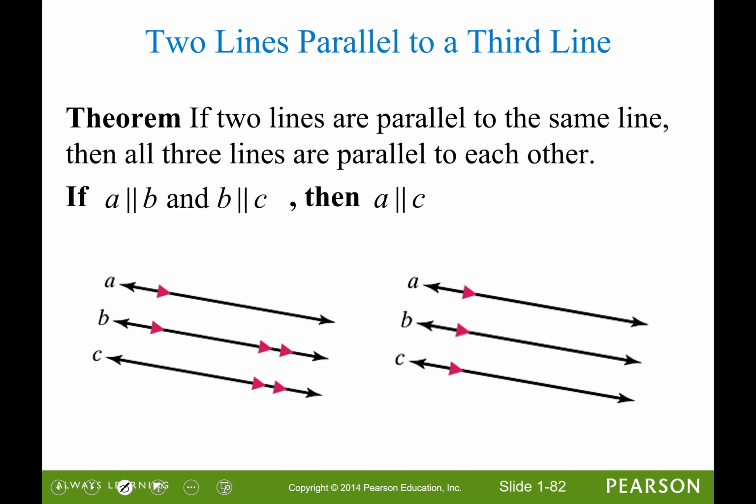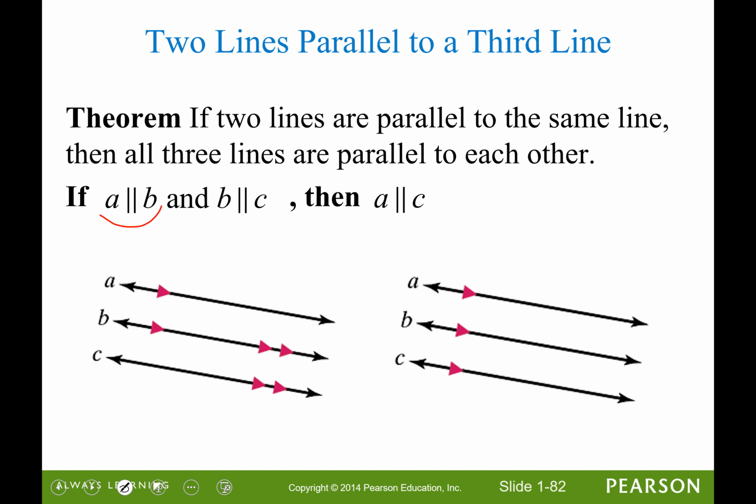Next theorem, two lines parallel to a third line. The theorem says that if two lines are parallel to the same line, then all three lines are parallel to each other. This one makes sense and is easy to wrap your head around as well. It says that if line A is parallel to line B and line B is parallel to line C, let me show you that in geometric code.